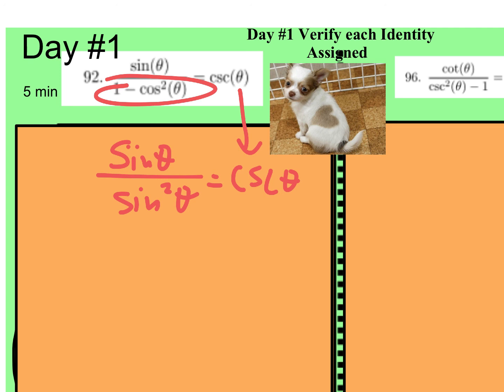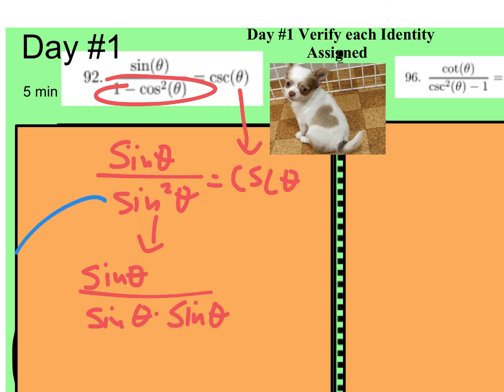Do you remember me saying that one of the best things you could do is to break this up into 2 of them? Sine theta over sine theta times sine theta. My sine squared is really sine times sine. Okay. That's the same as that.